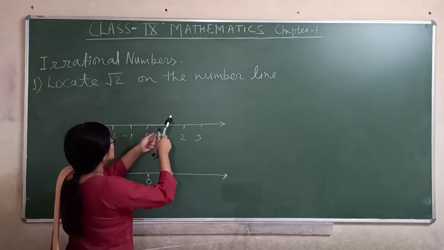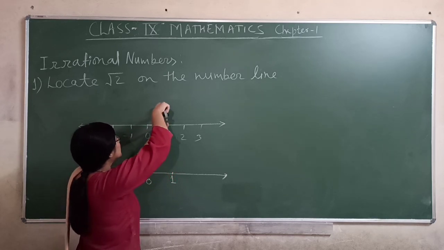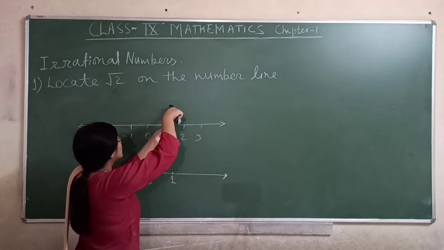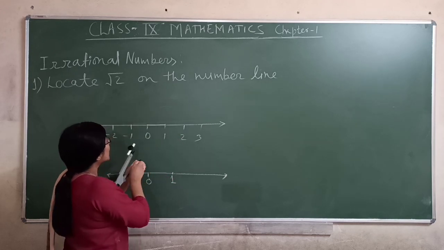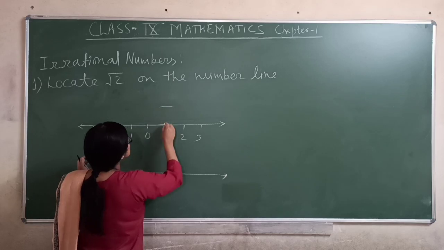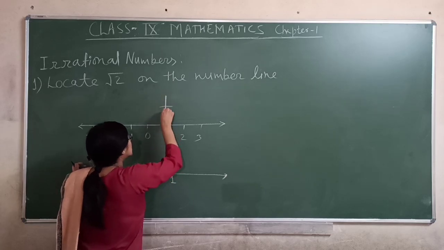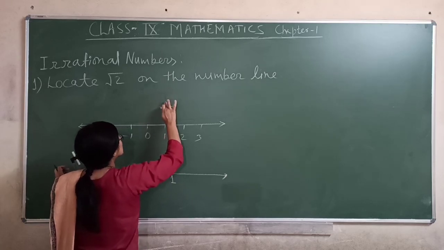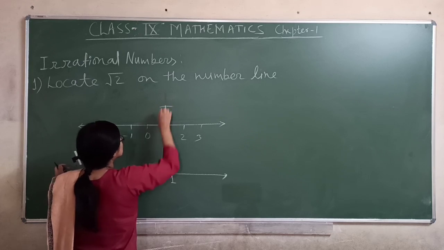You have to take a fixed gap of just 1 centimeter. Here I am taking 1, and you will write 1 here. This is 1 centimeter. Now keep your needle here, and up to this mark you have to draw 1 centimeter, like that also.